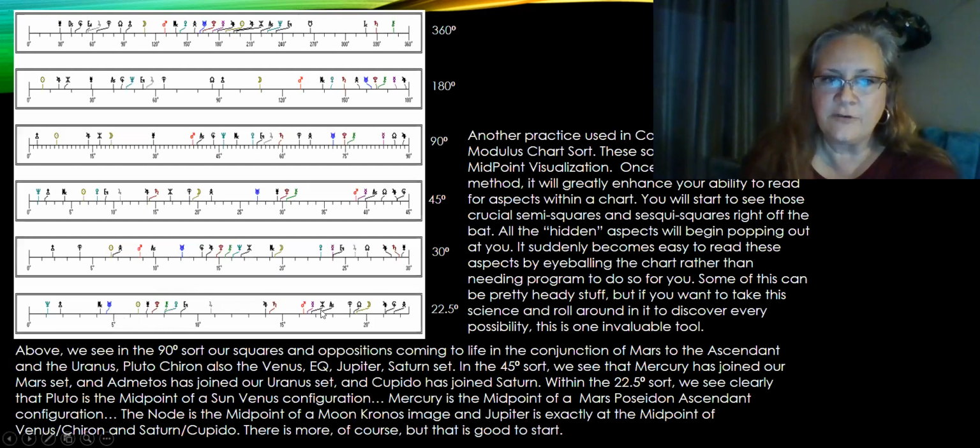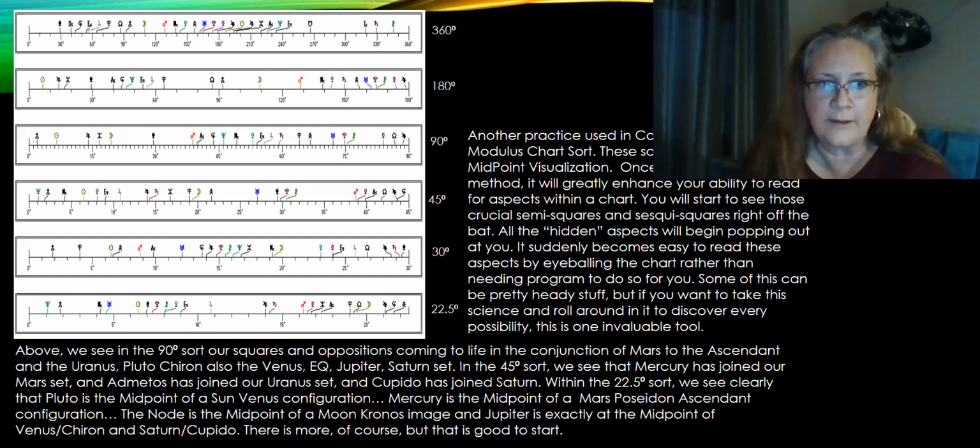And then we see further, we've got Mars, and we've got the ascendant with Poseidon right between. Things just start popping out at you when you start looking at them in this different way. You can also see there's Venus, Chiron, there's Jupiter, and there's Saturn, and that actually measures right between as well.